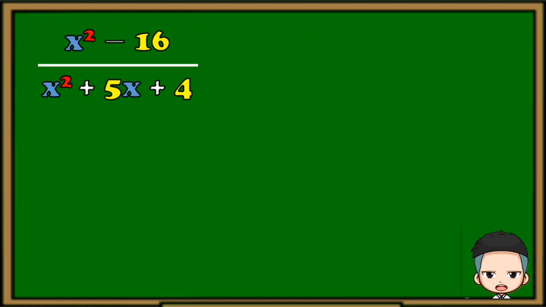Another example, x squared minus 16 all over x squared plus 5x plus 4. Again, we need to factor the given completely. The numerator x squared minus 16 here is an example of difference of two squares.